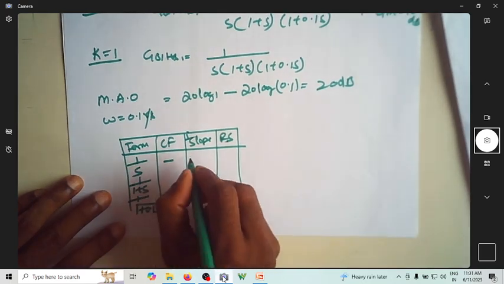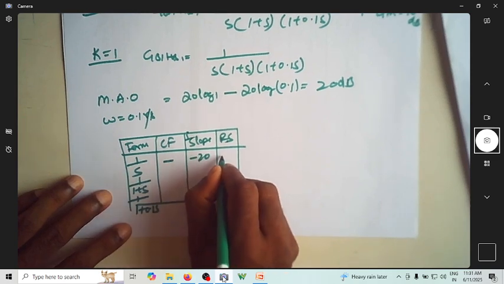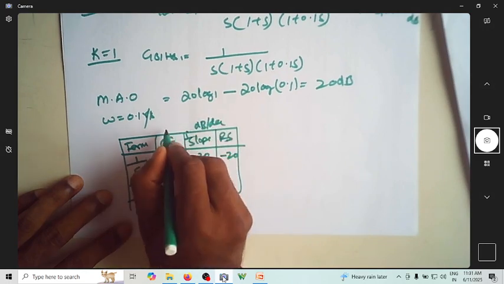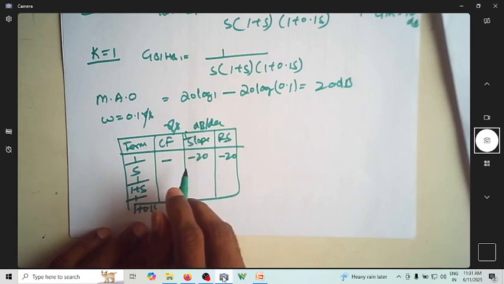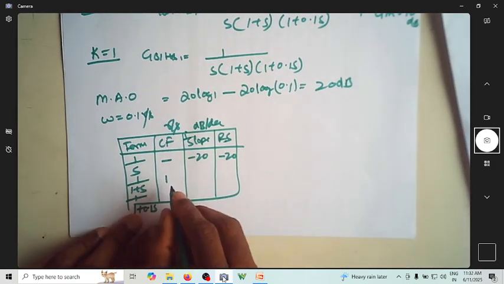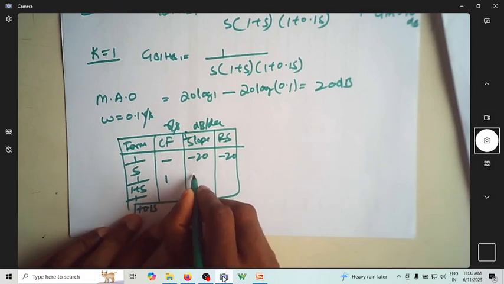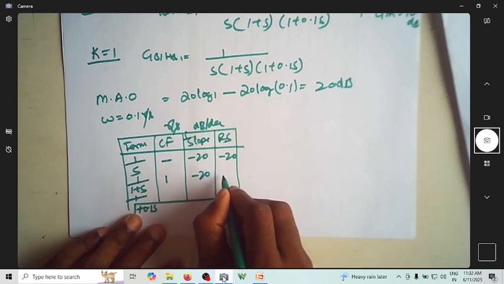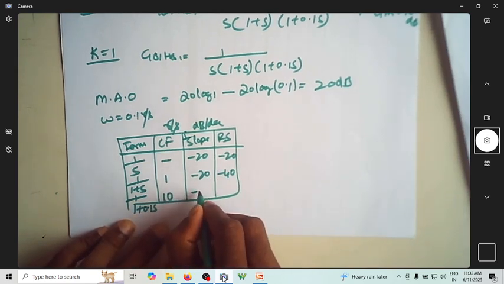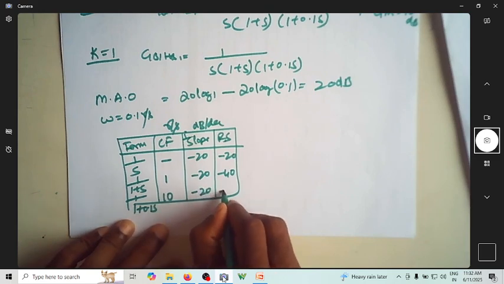For 1 by s there is no cutoff frequency, and the slope is minus 20 dB per decade. The next has a cutoff frequency of 1 radian per second, with slope minus 20 and resultant minus 40. The last has a cutoff frequency of 10, with slope minus 20 and resultant minus 60.